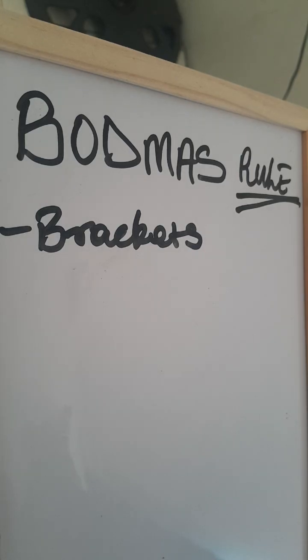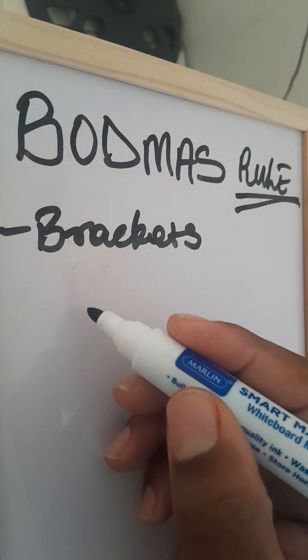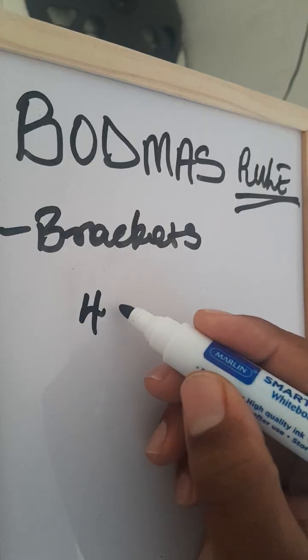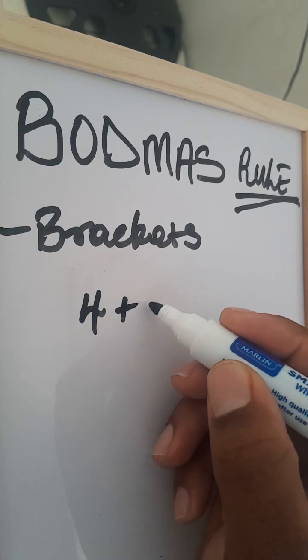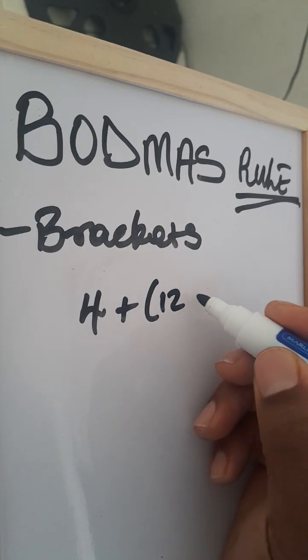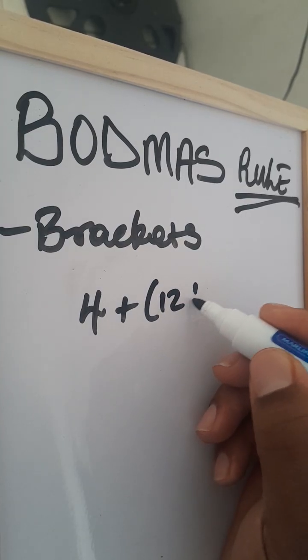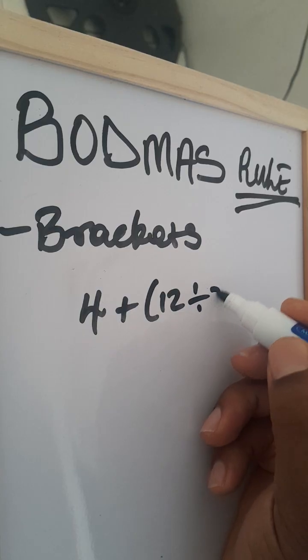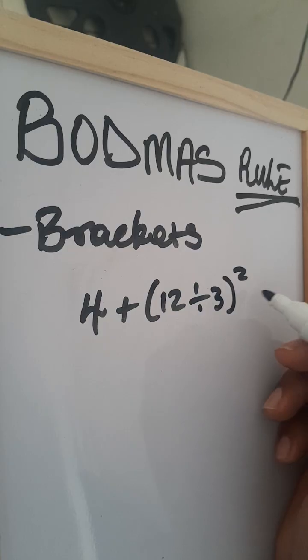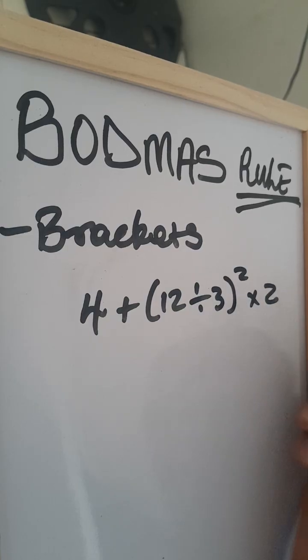first, if you are given a situation, like let's say, for example, the example that I'm going to give you is 4 plus (into) 12 divided by 3 to the power 2 multiplied by 2.